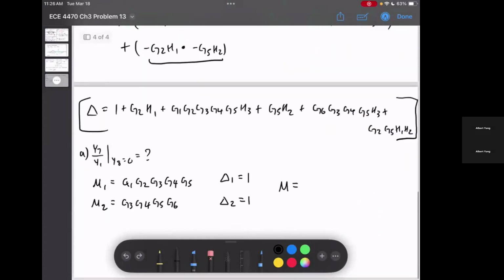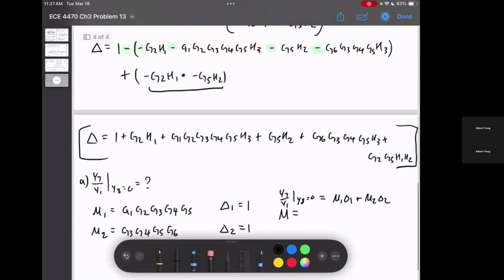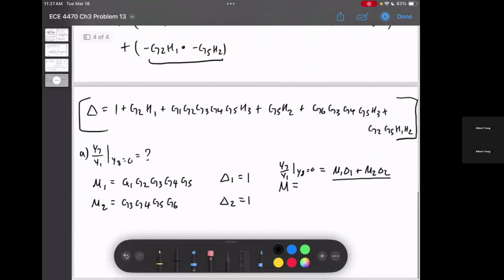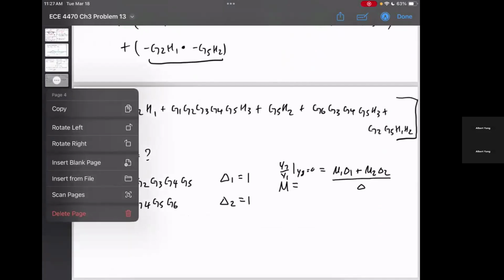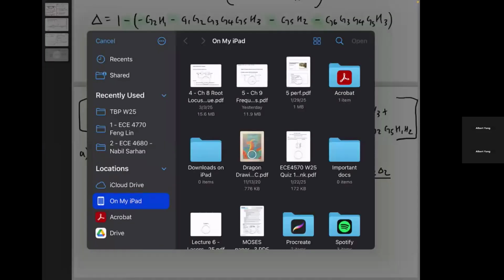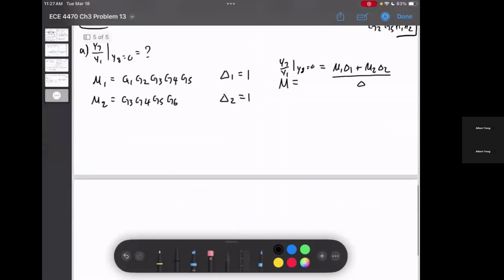So then you could do y7 over y1, y8 equals 0, is equal to m1 delta 1 plus m2 delta 2 over the determinant. And we're going to add another page.